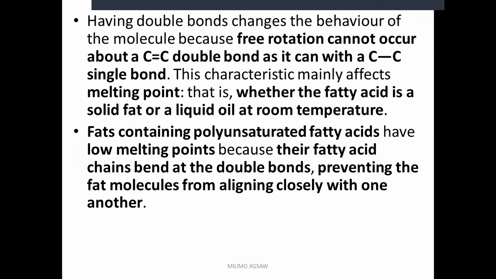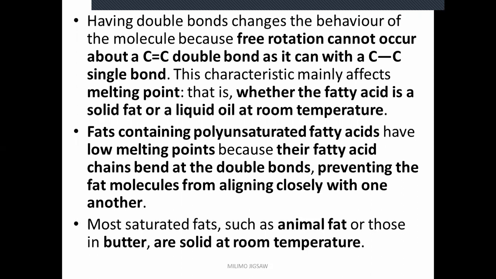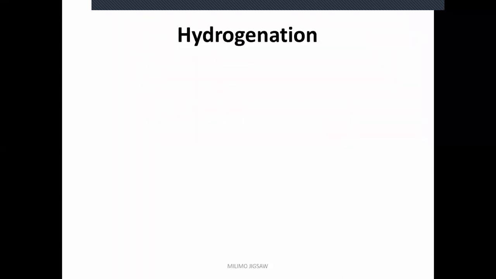The reason is the same, dealing with van der Waals interactions: the bend at the double bonds prevents these fat molecules from aligning closely with one another, limiting van der Waals interaction formation. Most saturated fats, for example animal fat and butter, are solid at room temperature due to van der Waals interactions.